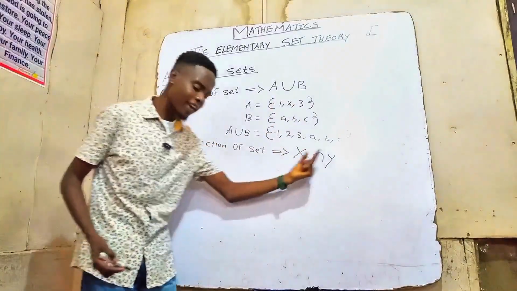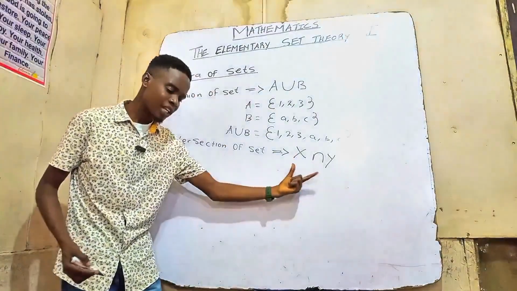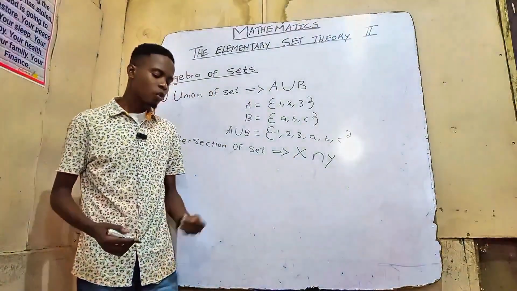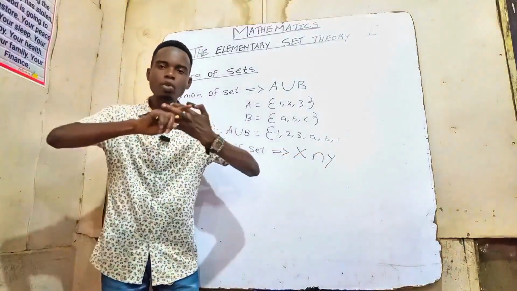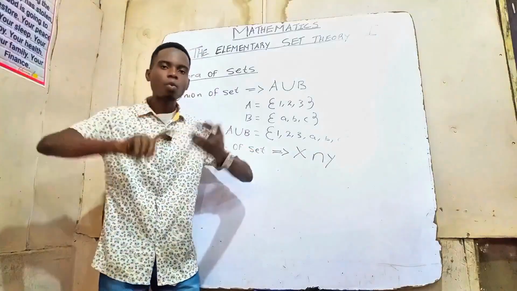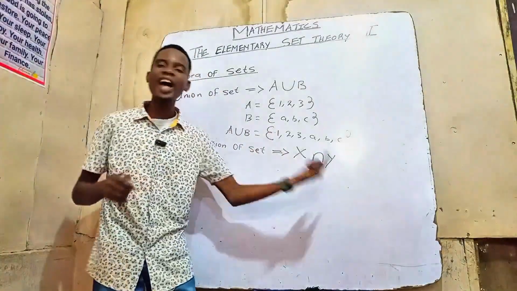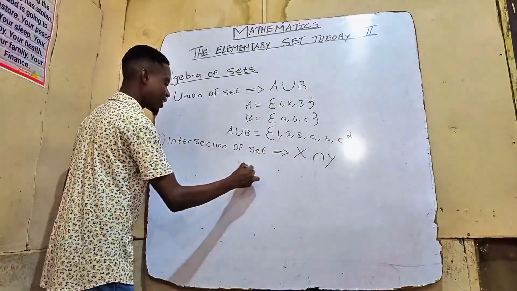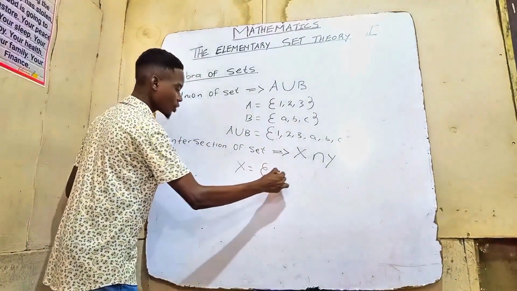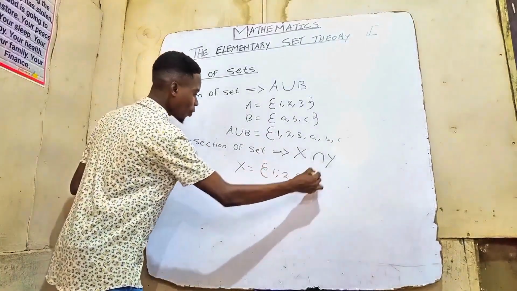The intersection of X and Y, denoted by this, is a set of all elements which belong to both X and Y. The point of intersection means meeting. What joins both of them together, what they have in common, is referred to as intersection. Example: X is 1, 2, 3, 4.